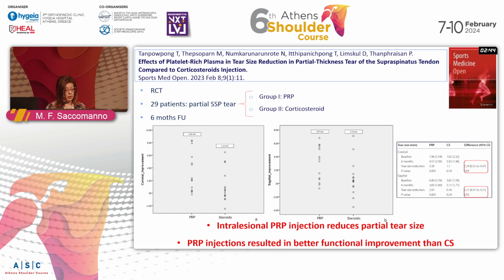They tried to perform an intralesional injection of growth factor, PRP, especially in interstitial tears, and they found a sort of healing after 6 months. You can see the results on the MRI besides a functional improvement. For sure it is exciting, it's promising, I would say, but I wouldn't jump to any conclusion after that.